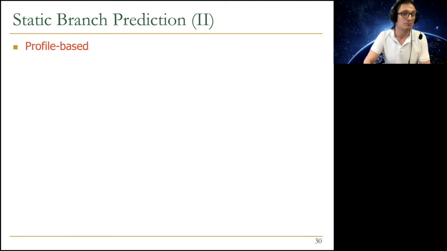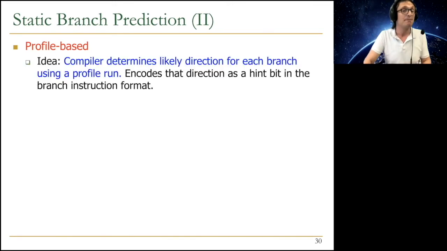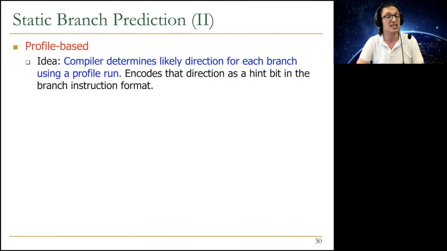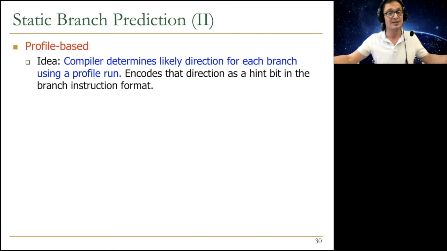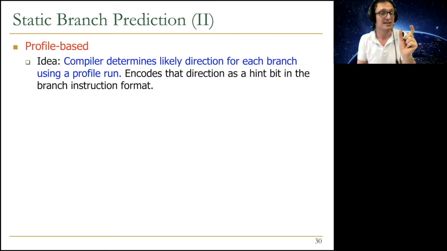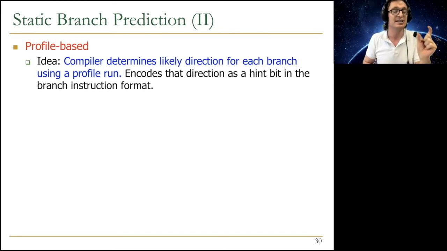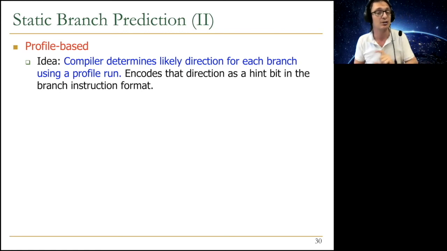You can make this more interesting now by putting the compiler to work or the programmer to work. You can make it profile-based. The compiler determines the likely direction for each branch using a profile run and encodes that direction as a hint bit in the branch instruction format. So basically, the branch instruction format has a hint bit, 1 bit, saying whether this branch is deemed by the compiler to be likely taken or not taken.